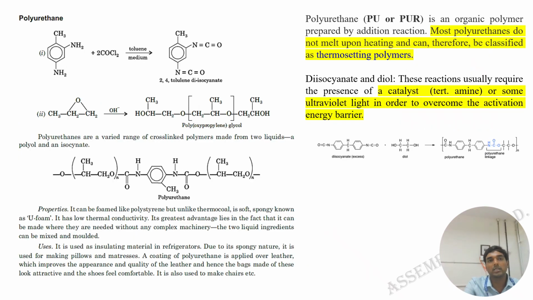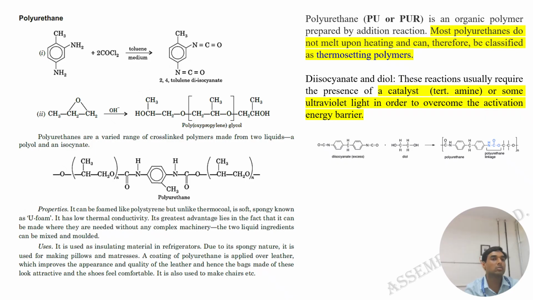All these are used. And last, not the least, polyurethane. Polyurethane basically needs aniline and oxalyl chloride. So you'll be getting COCl2, right?